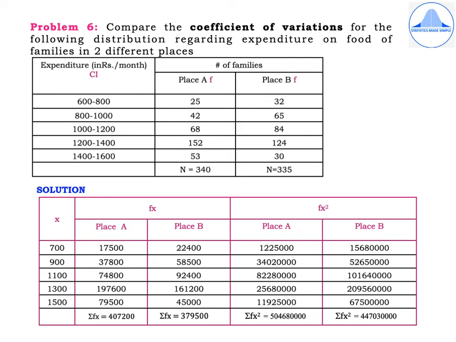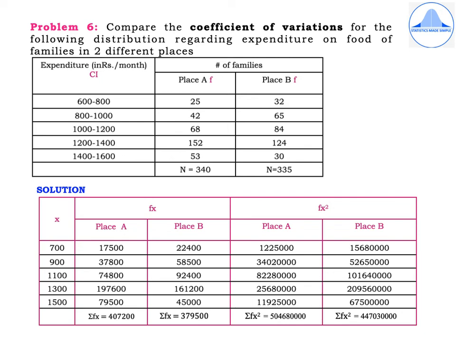In the first column, we have expenditure in rupees per month, that is 600 to 800, 800 to 1000, 1000 to 1200, 1200 to 1400, 1400 to 1600. Number of families in place A are 25, 42, 68, 152, 53, and number of families in place B are 32, 65, 84, 124, 30.